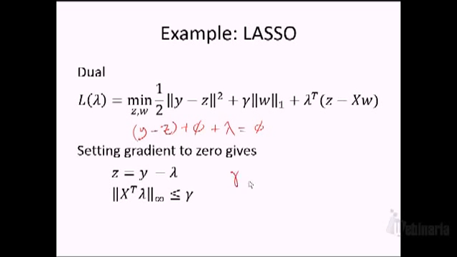In this case, we have lambda times the derivative, between quotes, of the absolute value of w_i, minus the ith coordinate of x transpose lambda, has to be equal to 0.